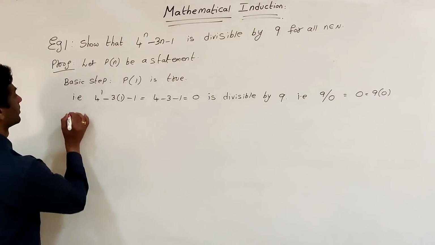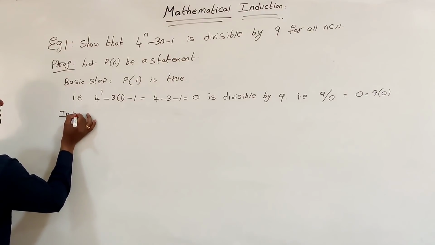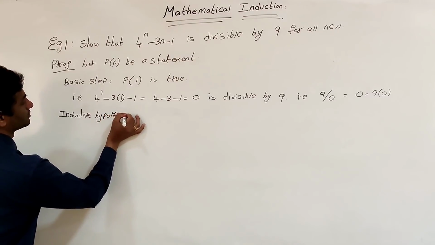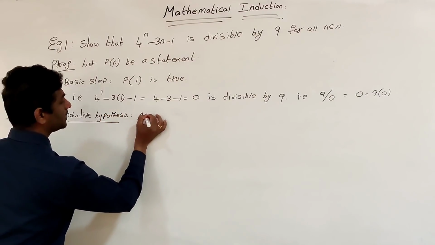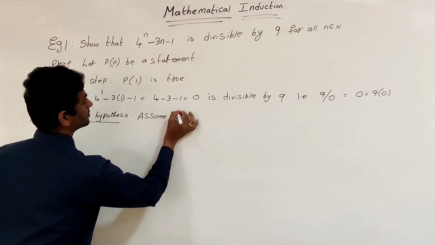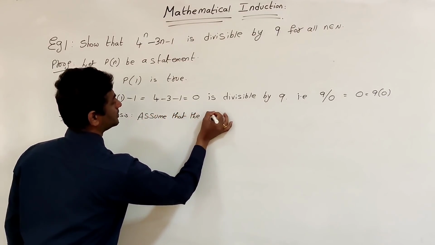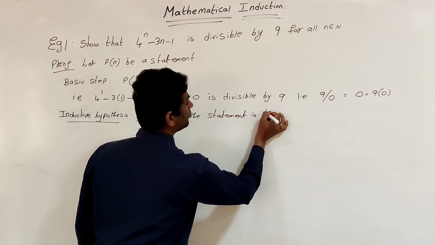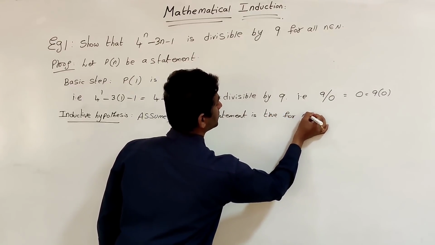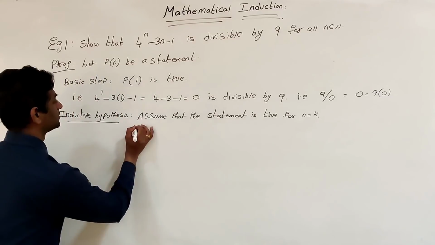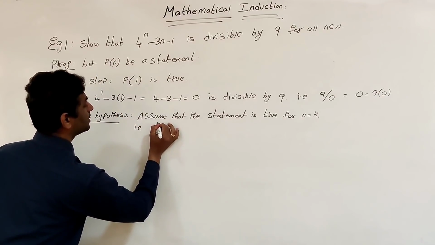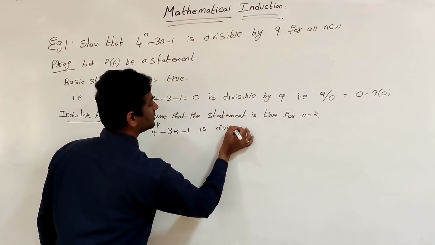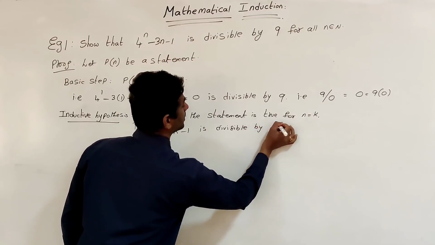Next, the inductive hypothesis. Assume that the statement is true for n is equal to k, that is, 4 to the power of k minus 3k minus 1 is divisible by 9.